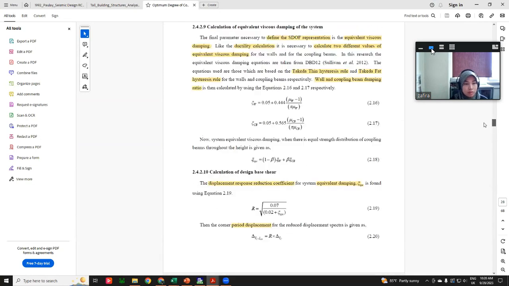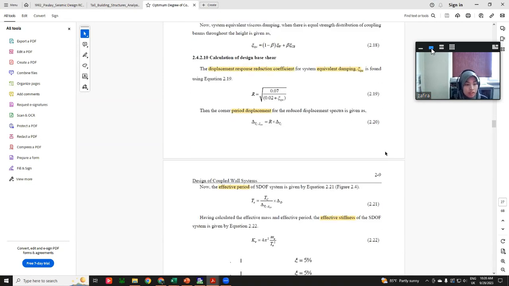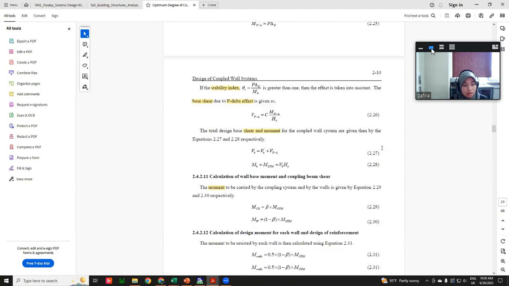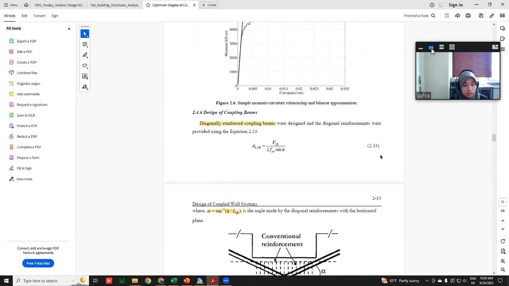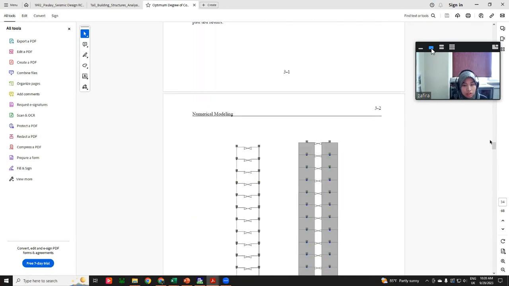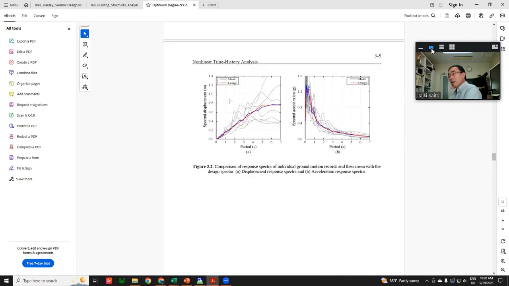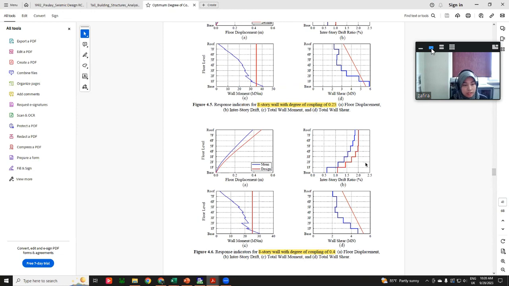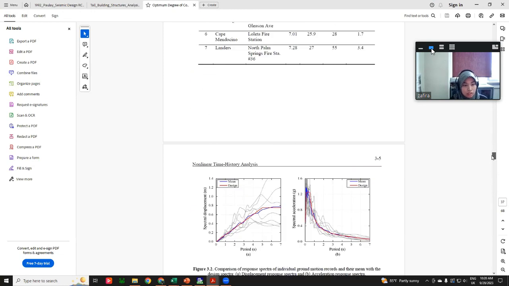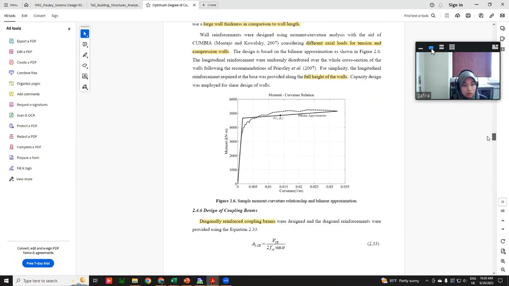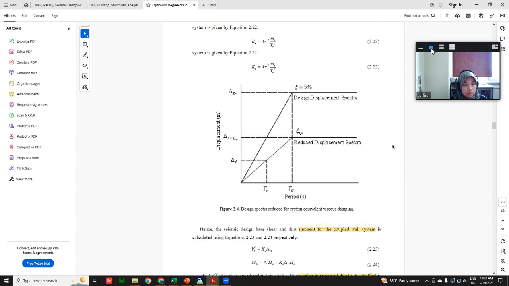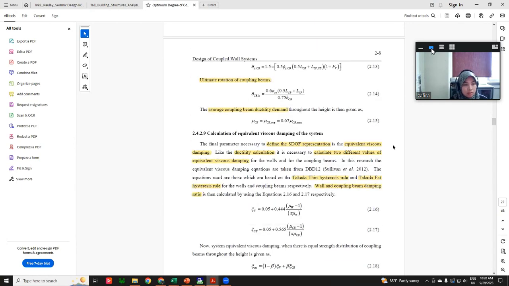He compared displacement-based design interstory drift and time history result based on the mean earthquake. He found a few selected earthquakes, and then he finds the mean, and he can predict the blue line and the red line based on the displacement-based design calculation. So in displacement-based design, he also has the calculation to determine the interstory drift based on the degree of coupling.